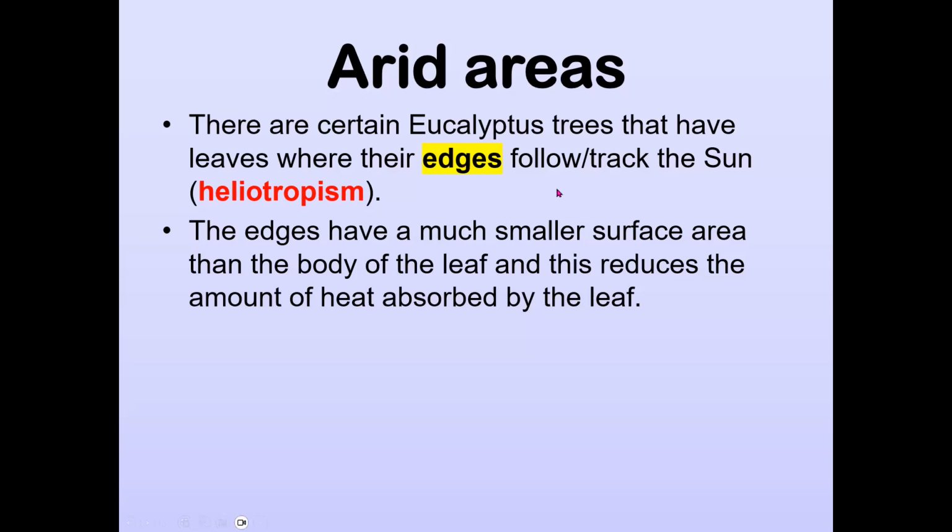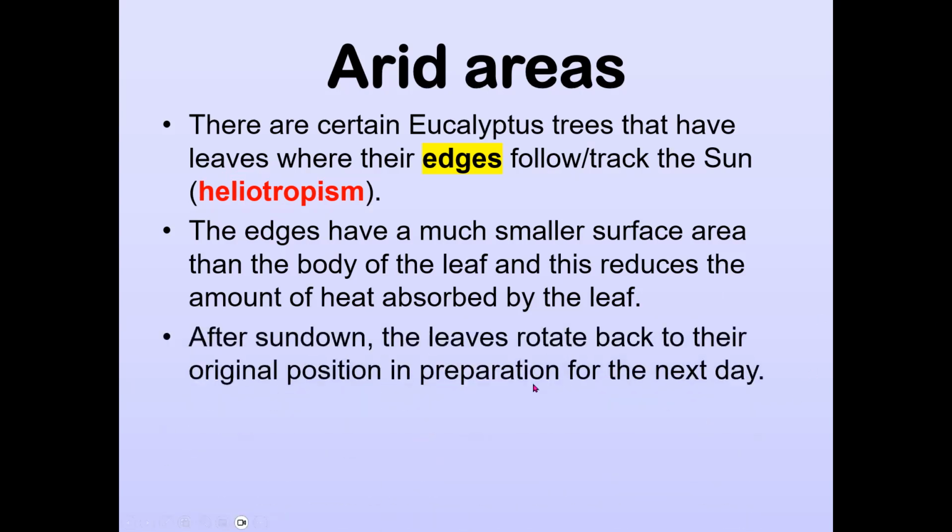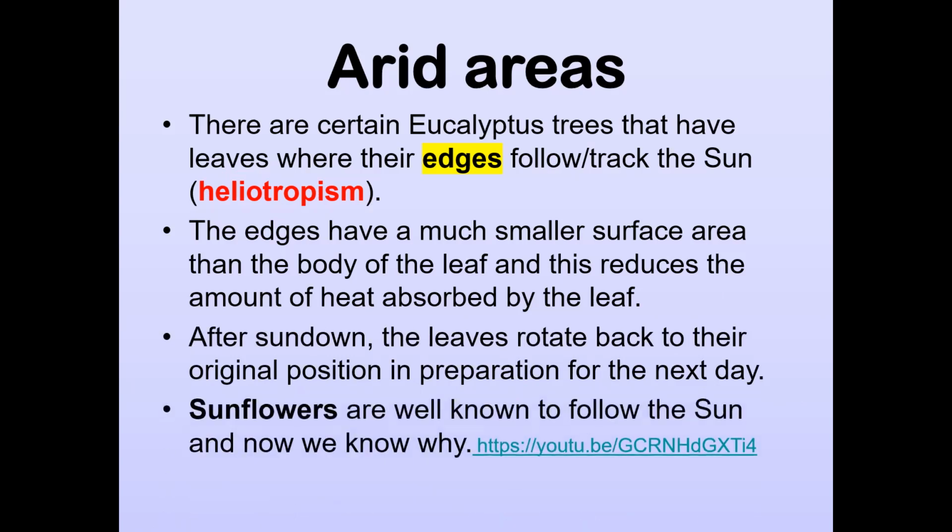And this tracking of the sun is called heliotropism. Helio means the sun, or the light, and tropism is towards. Now, these edges, of course, have much smaller surface area, so it reduces the amount of heat that each leaf absorbs. During the day, they track around, and then at night, they just go back. Sunflowers are known for this.